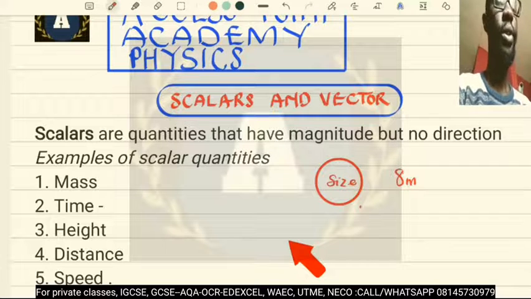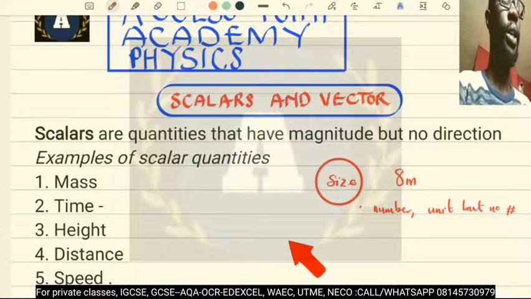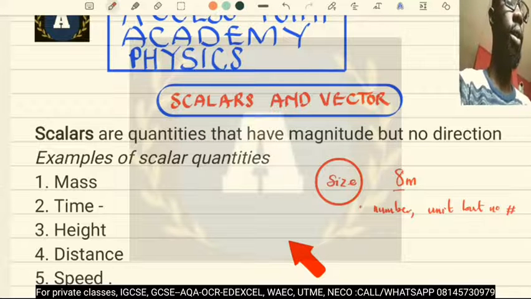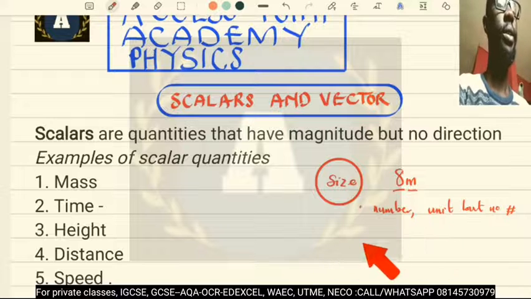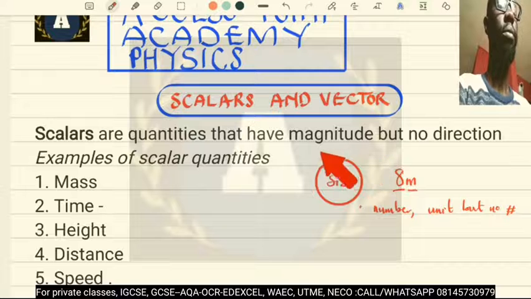You can also define scalars as quantities with numbers and units, but no direction. Direction is a no-no for scalar quantity. 8 is the number, the unit is meter, signifying the distance of certain things. So scalar quantities are quantities that have magnitude but no direction.